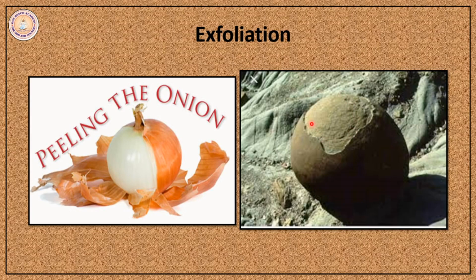You can see how this outer layer on top of the rock has been peeled off from the parent rock in the form of concentric shells, just like that of peeling off an onion. This type of mechanical weathering is known as exfoliation.